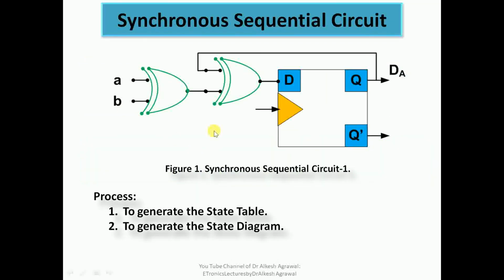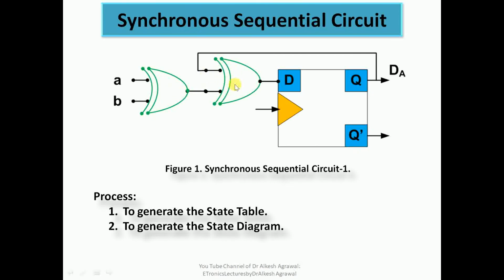So, this is the first synchronous sequential circuit in which you can see there is one D flip flop, and to the input of the D flip flop we have two logic gates in terms of exclusive OR gates.